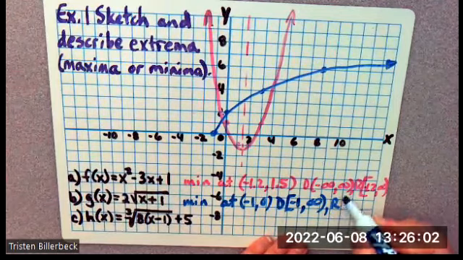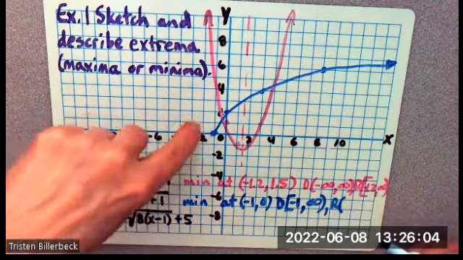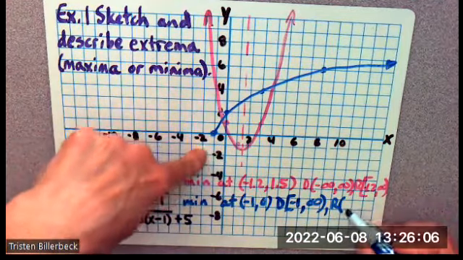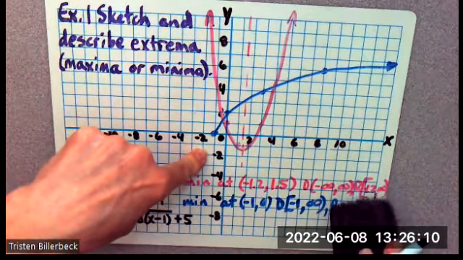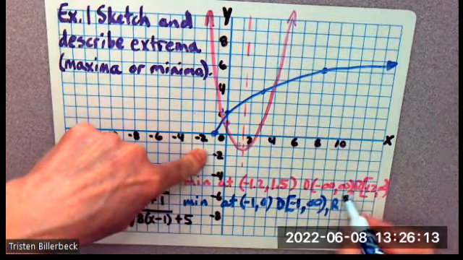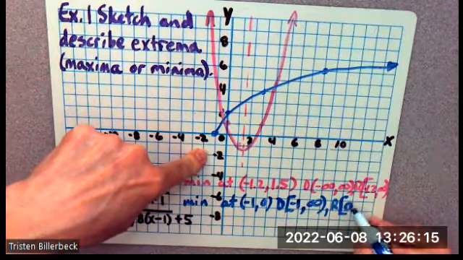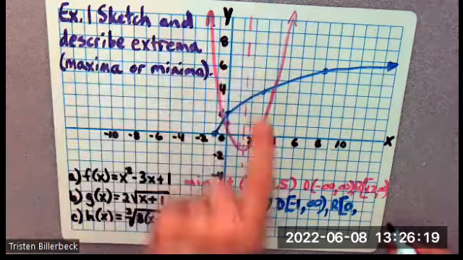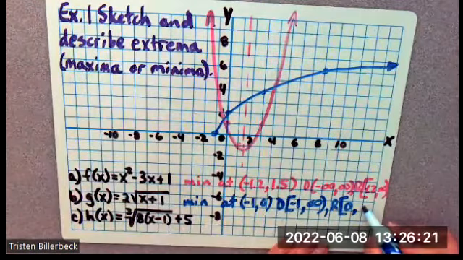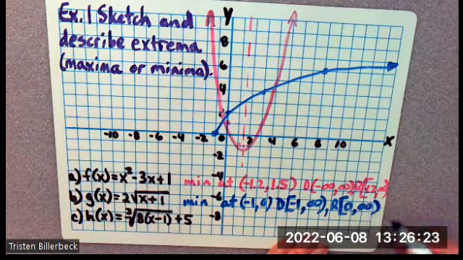The range is going to be at 0, and it actually is 0, so again we use a bracket at 0. And this also is going up to infinity, so we write infinity like that.